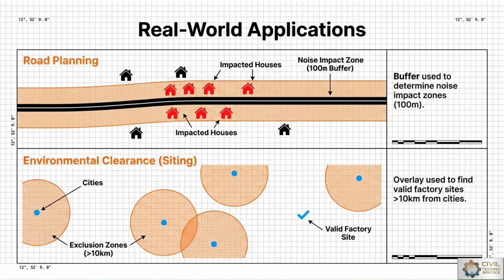Remember that the quality of our analysis depends on both the accuracy of input data and the logical steps taken into consideration. With reference to these real world applications, we conclude buffer analysis, which is the most important part from the civil engineering perspective.